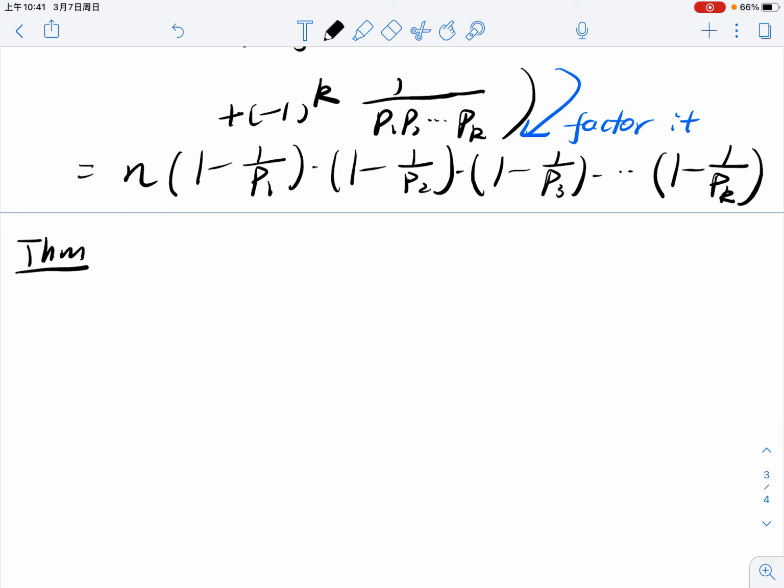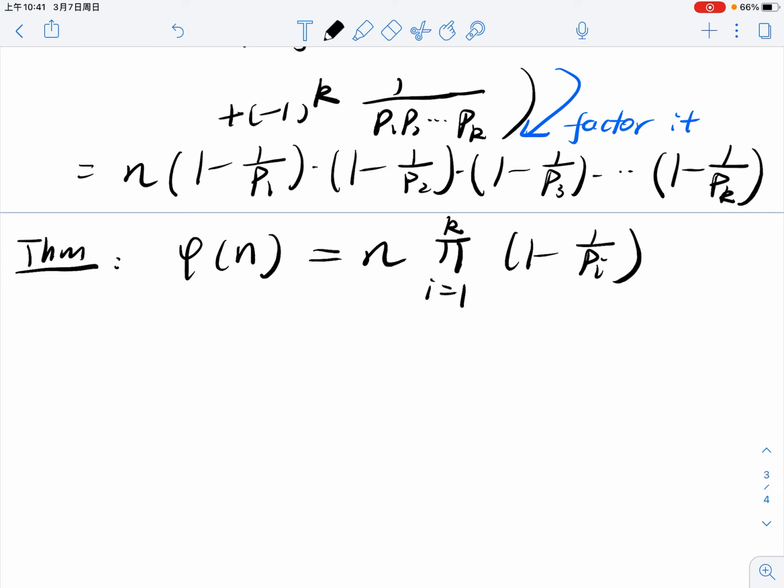And therefore, we can conclude that phi n is exactly given by the formula n times the product for i from 1 to k of 1 minus 1 over pi. This is a quite nice formula.